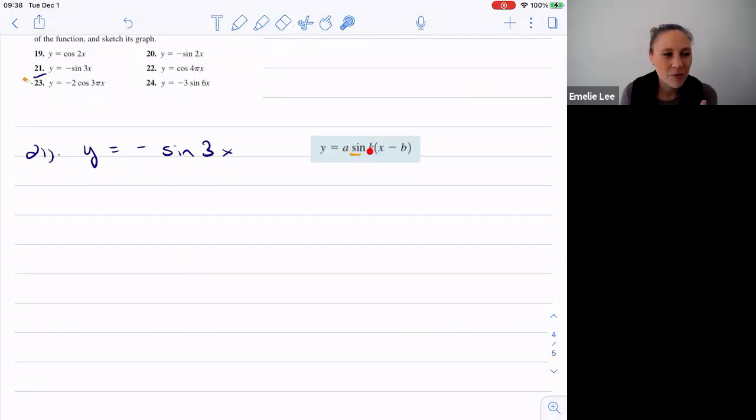I also have something multiplying x, and then x minus b must be x, so b must be 0.